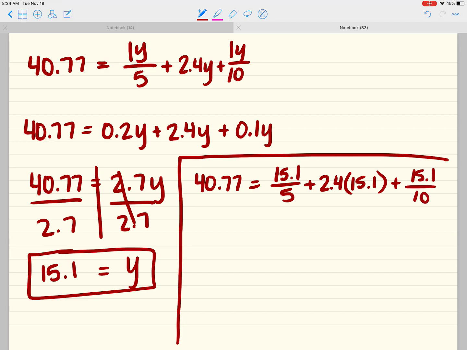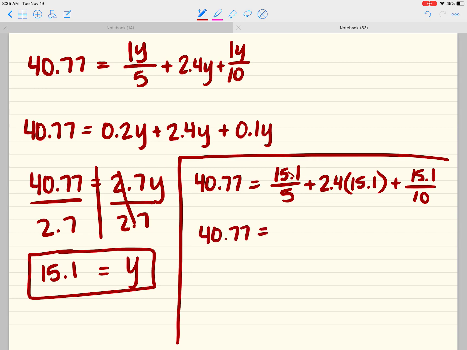Okay, now be ready because I'm just going to call on a few people to type these into their calculator and then I'll call back on you again to tell me your answer. Okay, Nevaeh, will you do 15.1 divided by 5? Legend, do 2.4 times 15.1. Do you have a calculator? Okay, it's fine. Sorry, I'll look for people that have one. Kyra, do 2.4 times 15.1. Nate, do 15.1 divided by 10.